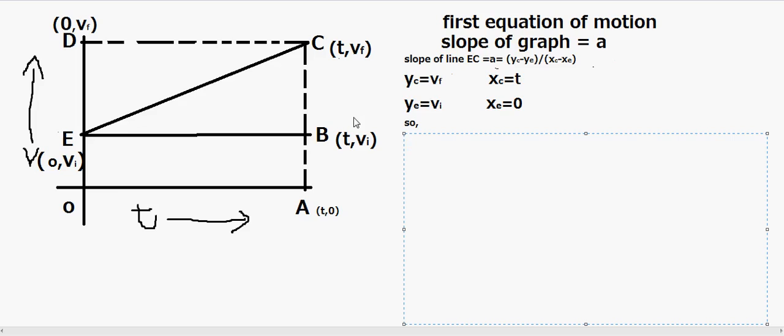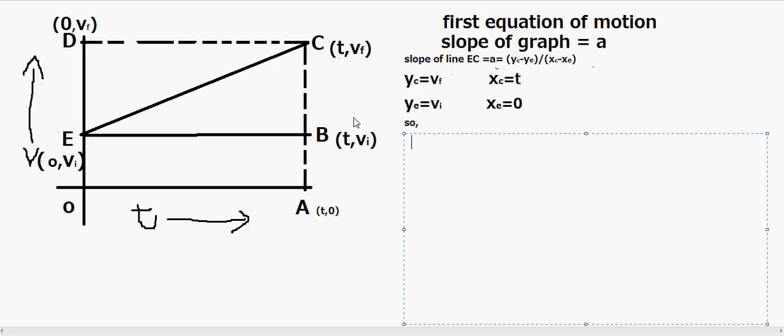So yc minus ye divided by xc minus xe. At yc, the y-coordinate of point C, we have Vf. And ye, the y-coordinate of point E, has Vi. The x-coordinate of point C, xc, is T. And the x-coordinate of point E is 0.